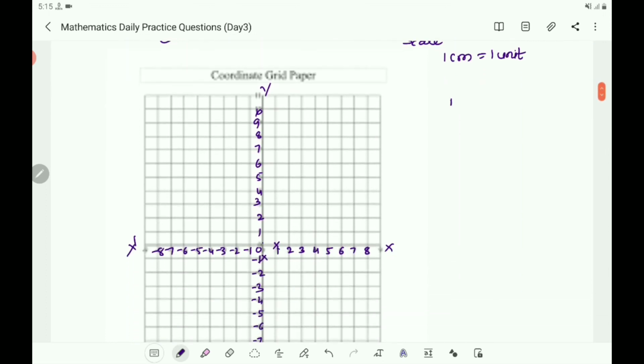And (2, 1) comes here. Now let us join these 3 points to get a straight line.